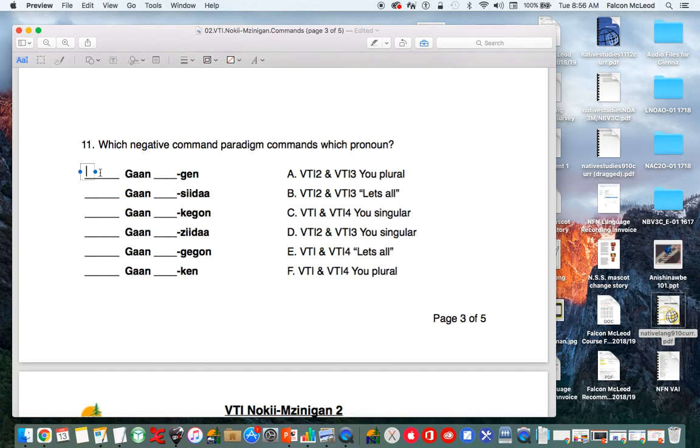So our answer is C. And cross it out. So that's how you do number 11 here. So we're not filling in anything here, or just over here at the end. All right. So look at the suffixes. So you want to pay attention to this G sound versus this K sound, and then this S sound versus this Z sound. And then VTI 1s and 4s, VTI 2s and 3s, etc.